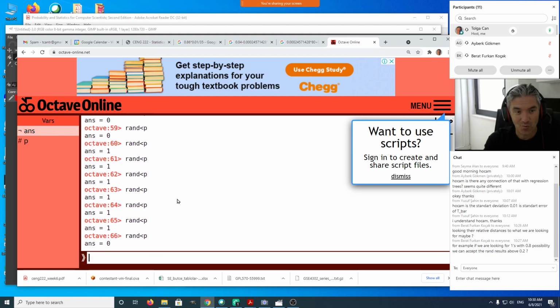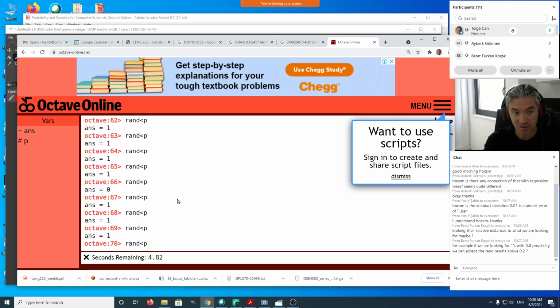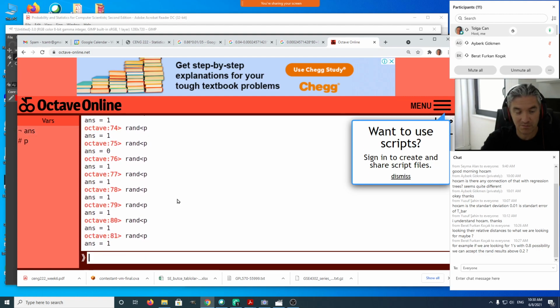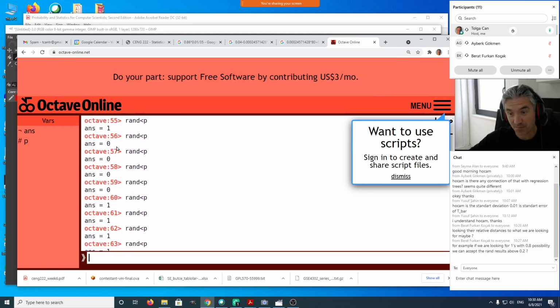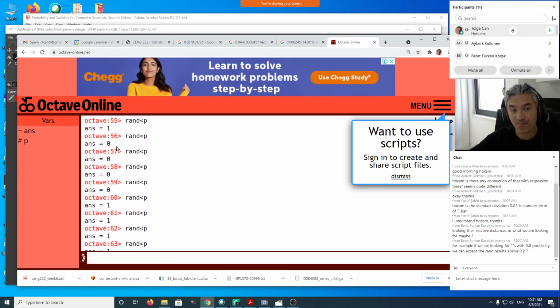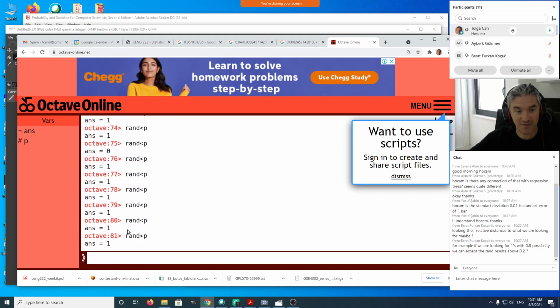I will have lots of ones in the long run, but fewer zeros. It's possible to have 4 zeros one after another. That was a very small probability, but in a random sample, it is still possible. All right, so with this simple equation, I can generate a Bernoulli variable.